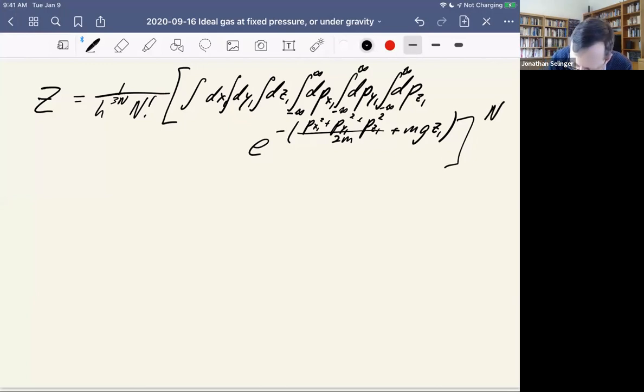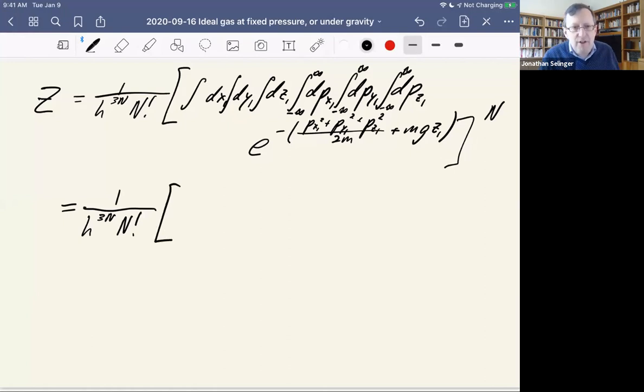All right, so now I can do those momentum integrals. This is just a Gaussian integral which I can look up.